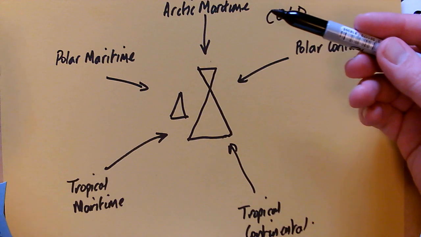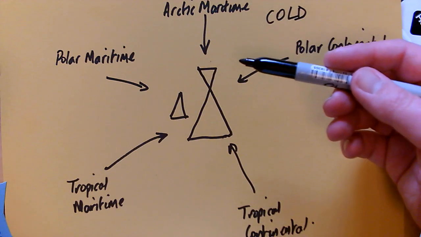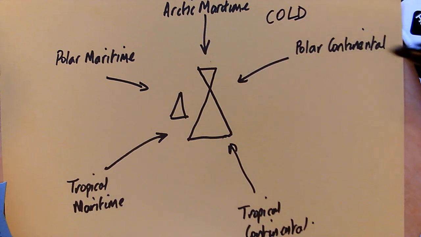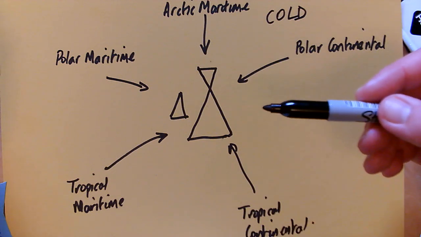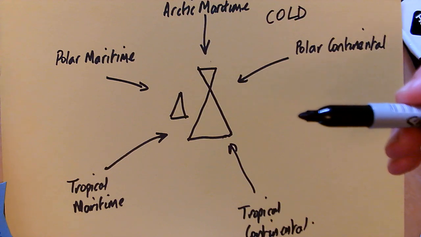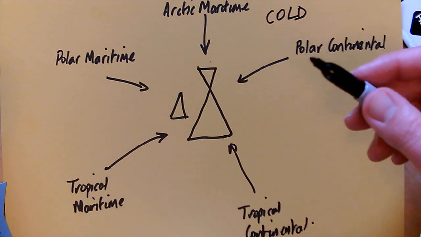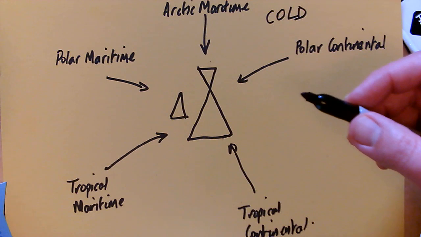Because it's a maritime air mass and it's passing over ocean, it's going to pick up moisture, and therefore it's going to bring with it some form of precipitation. And I say precipitation rather than rainfall because the type of weather that we'd associate with Arctic Maritime here in the UK is going to be snow and snowfall.